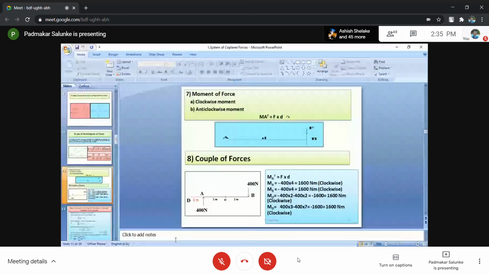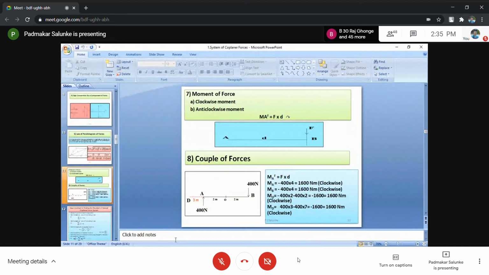In case of moment, only one force is acting and the other end is free, and the body is rotating about one particular point. That is called the point of rotation. In case of couple, the body is supposed to be rotating about the center point, about the centroid, about the center of gravity.